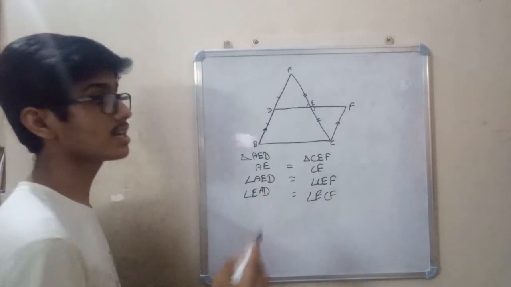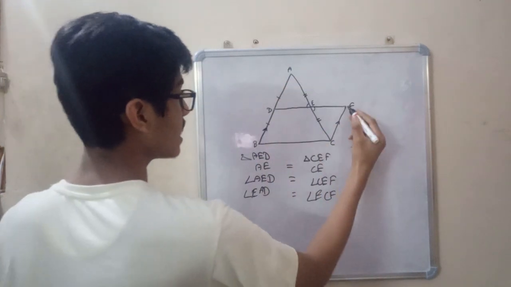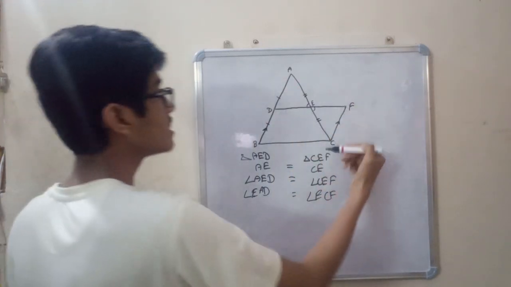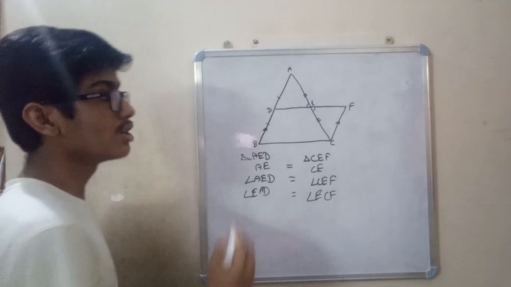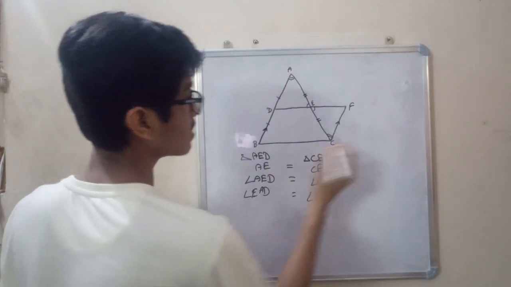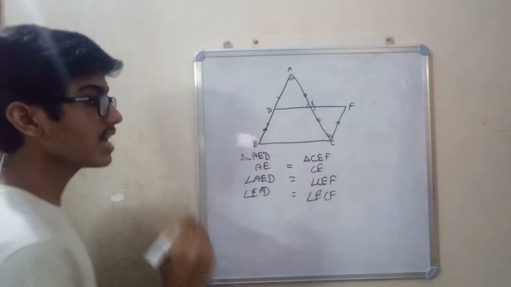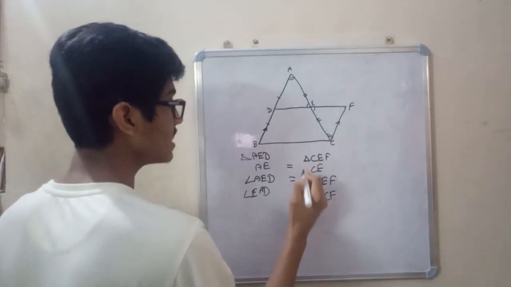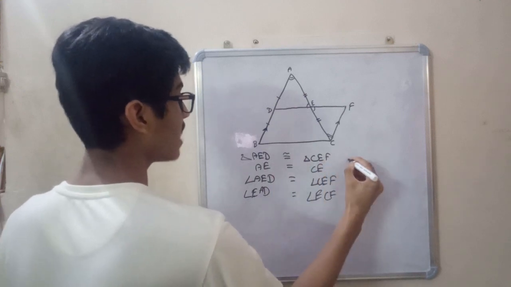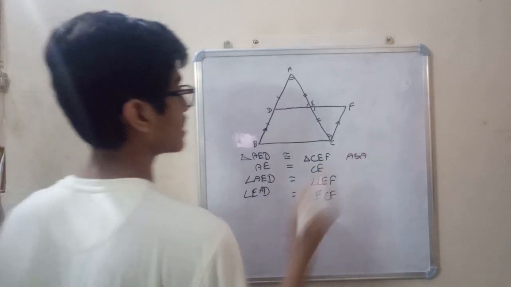Because they are interior alternate angles, as AB and CF are parallel lines, and indirectly AD and CF are also parallel lines. So being interior alternate angles, they are both equal. Now we have proved that triangle AED is congruent to triangle CEF by ASA.